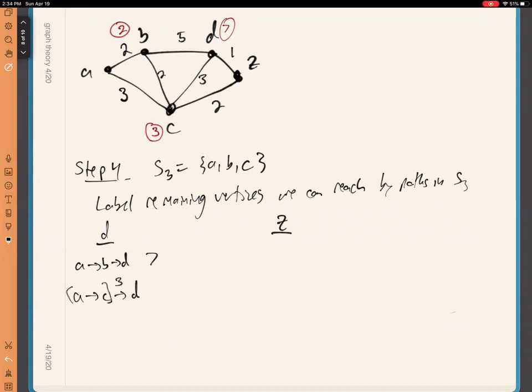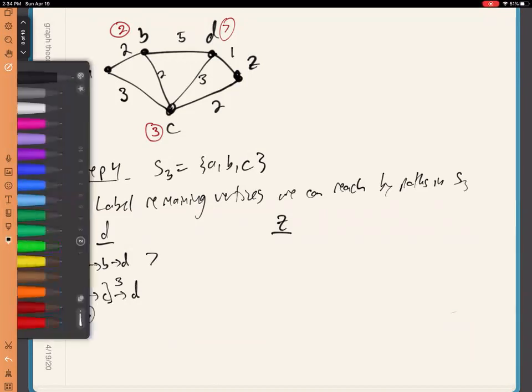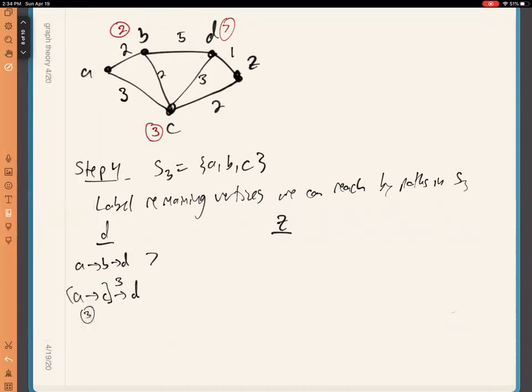Going from A to C, we already knew what this was from the previous step, from the label, right? So if I look at the label at C, this tells me the quickest way to get from A to C, which we'll prove next time, although it's clear in this picture.